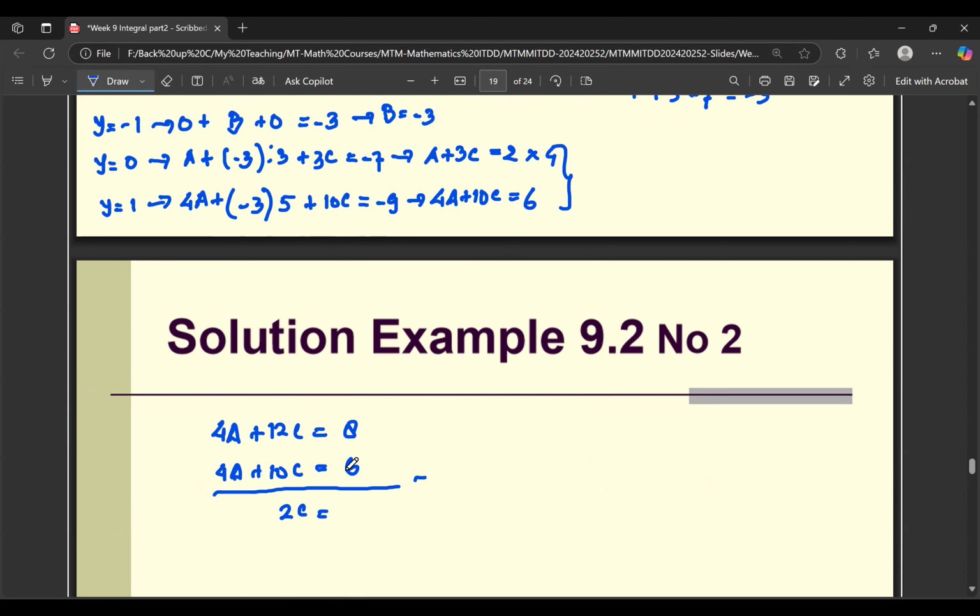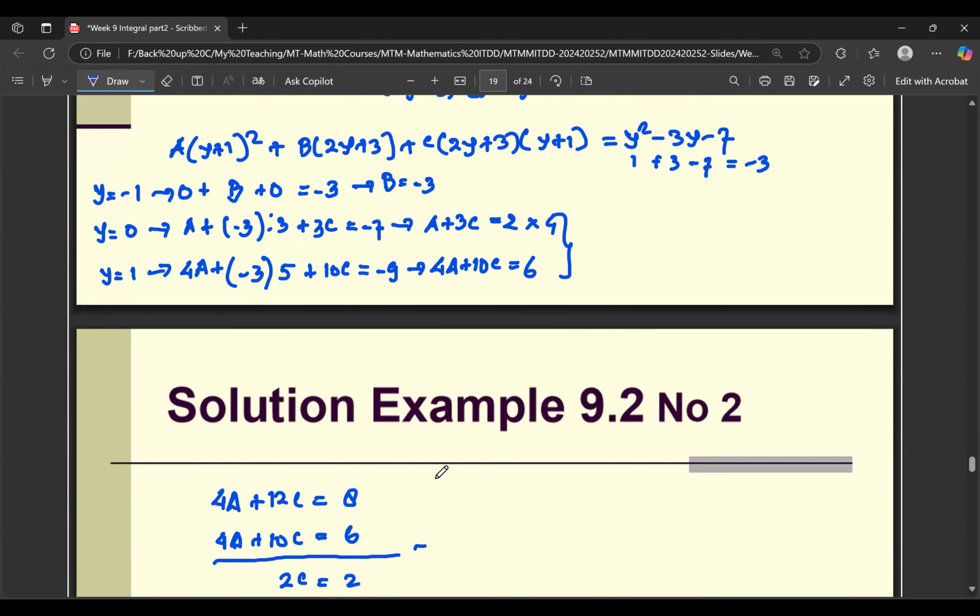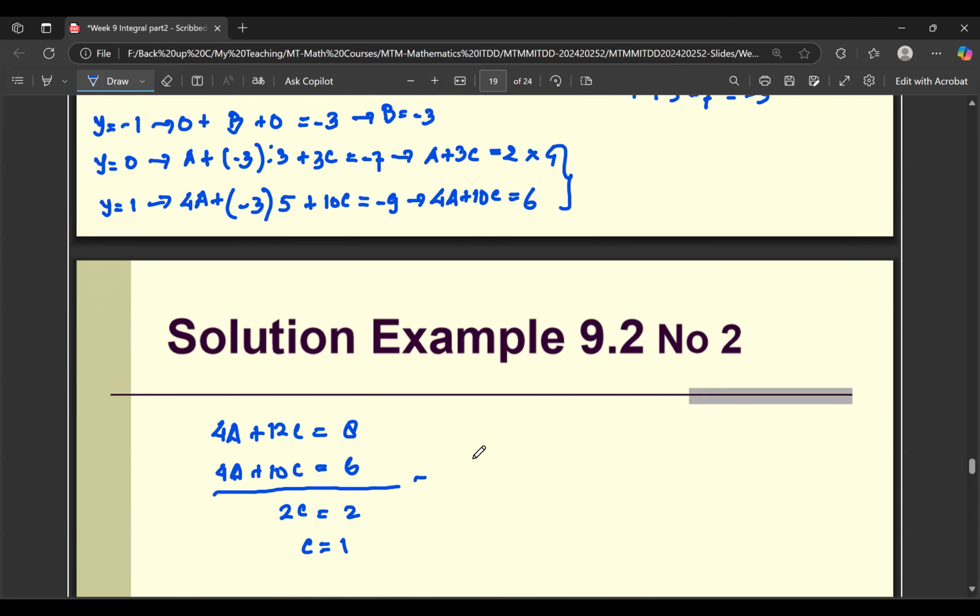This is still 6, so we have 2C become 2 and C become 1. And C become 1. We can replace C by 1 here.